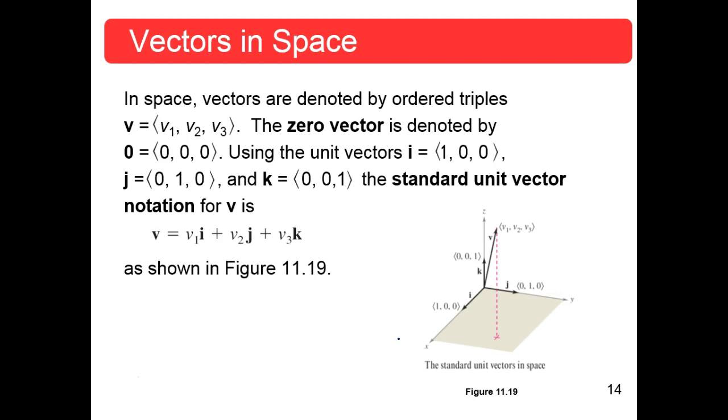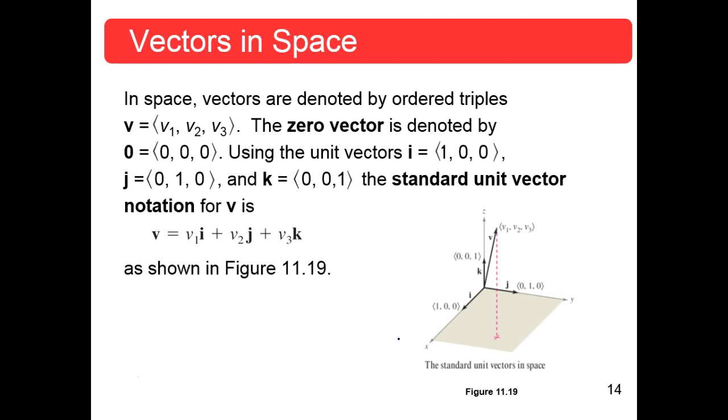Now, remember, what's weird about the 0 vector? It has no direction and it has no length. Every other vector has a magnitude and a direction. The 0 vector has neither one. You have to have it just to complete the set, you might say.